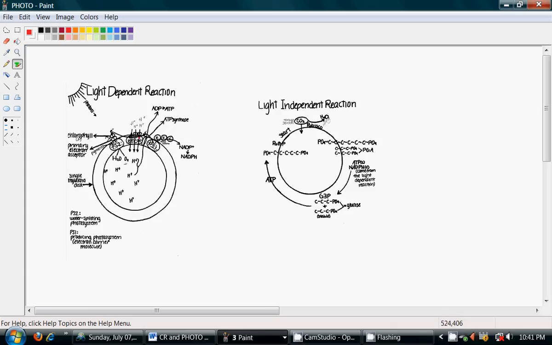This one functions a little differently, and all it does is take this free NADP+, which is just some fancy confusing sounding molecule that means electron carrier molecule, and it shoves hydrogens on the end of it, because we're going to use NADPH and ATP in the light independent reactions.